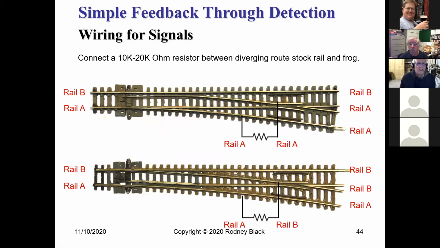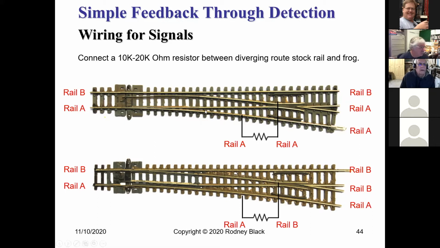Let's just do the simplest form of doing feedback. Point feedback is through detection. The idea is you just connect, let's say, a 10 or 20K ohm resistor from here to here, and this assumes you're using electrical detection for your block detectors.